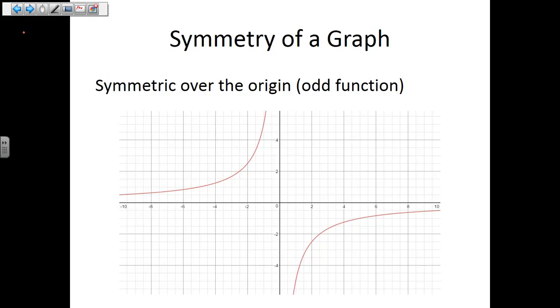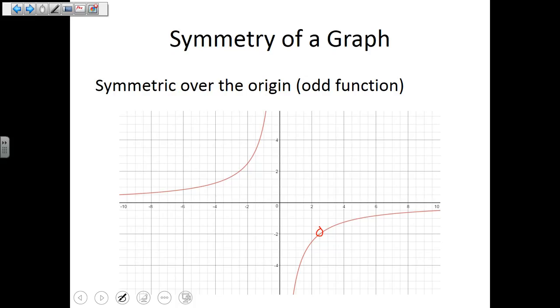Here is a graph that is symmetric over the origin. Now again, this is what we call an odd function. So let's take a look at what it means to be symmetric over the origin. If we find a point, let's take this point right here at y equals -2, so that's maybe at the point 2.5 comma -2.